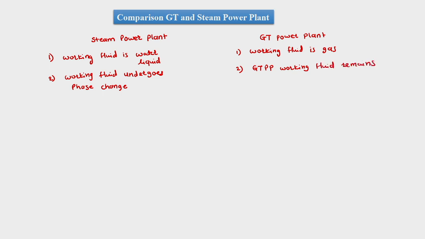Here we mean that in the complete circuit of the plant, which comprises different components, only one phase of the working fluid is available. The steam power plant works at a very high pressure ratio, and the gas turbine power plant works relatively at low pressure ratios.